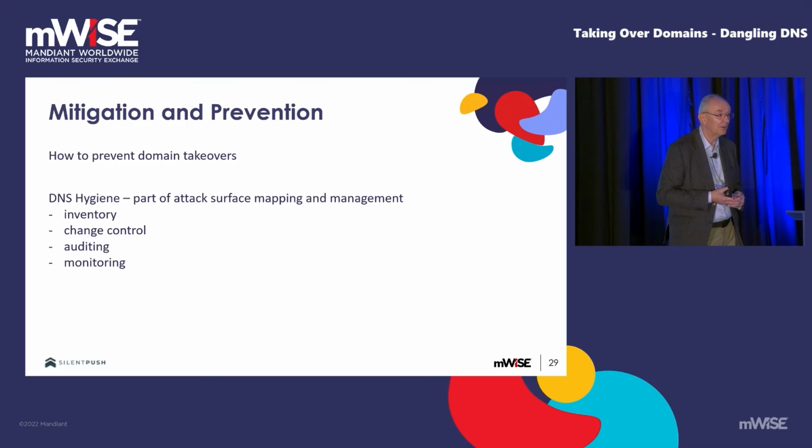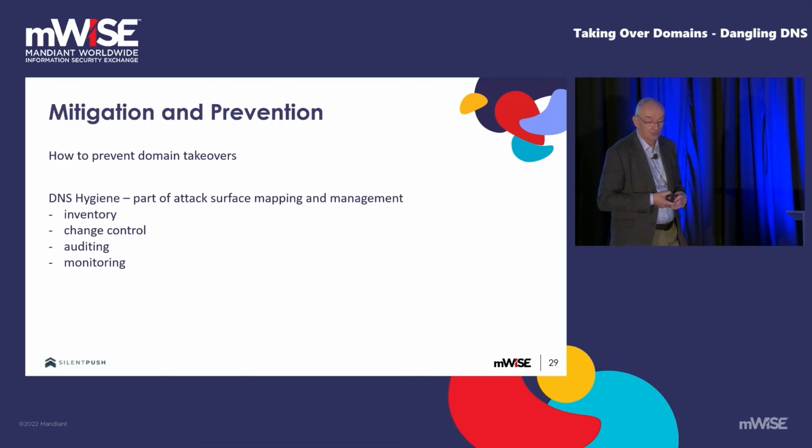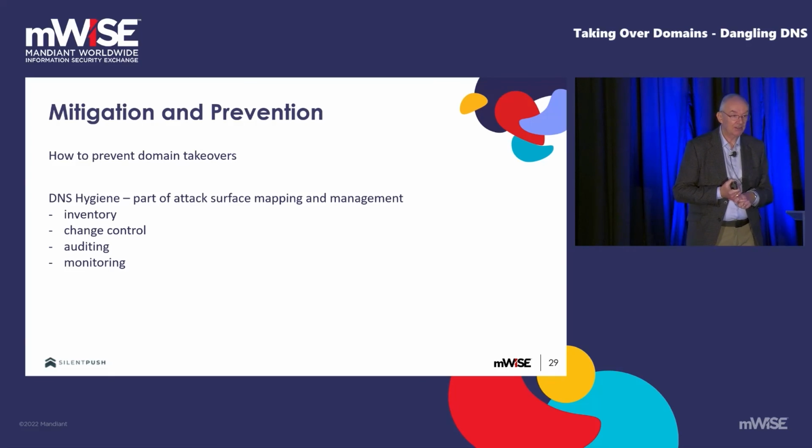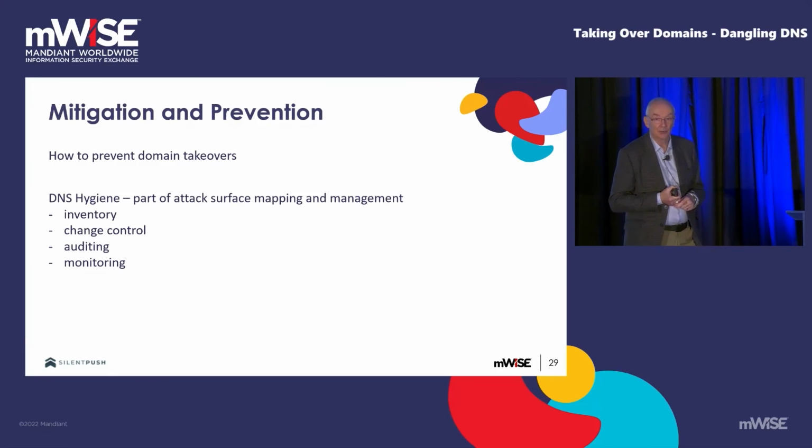Okay, so the good news is that it's very easy to prevent this from happening. Like I mentioned before, all you need to do is to delete the dangling records, if you can find them, which you now can because you are now users of a free tool that tells you all of this stuff for all your domains. Problem solved. But in general, it's very good to have better hygiene and better processes around what you're doing.